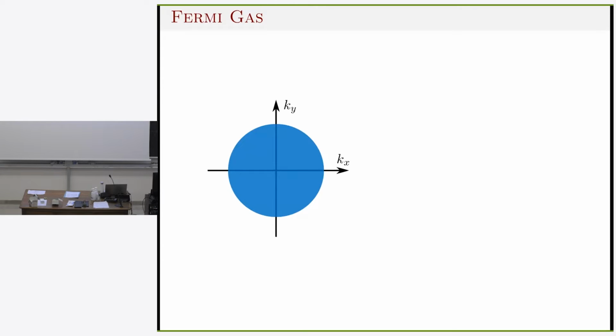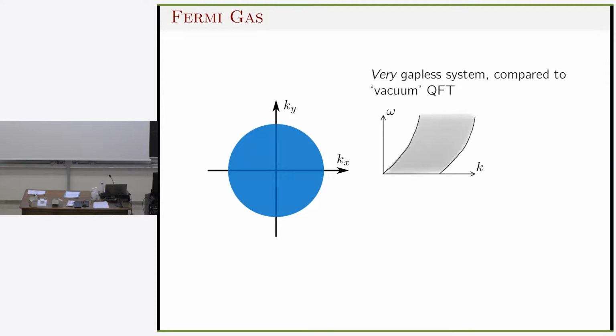So even though we just have free fermions here, it's a pretty unusual system from the perspective of vacuum quantum field theory. In particular, it's very gapless. So you have all these zero frequency, zero energy excitations at finite wave vector, right? You can imagine taking a fermion out here of the Fermi surface and adding it over there.